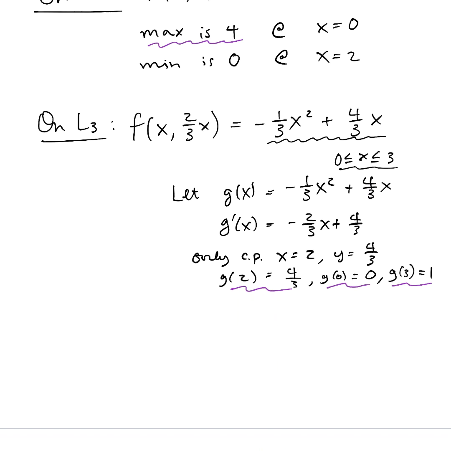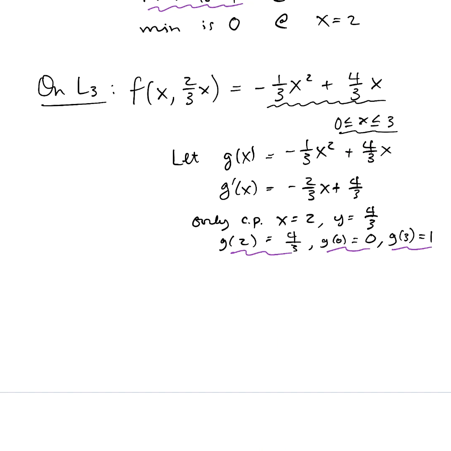So our grand conclusion is, thus, the absolute max of f is f of 0, 2 up, equals 4.